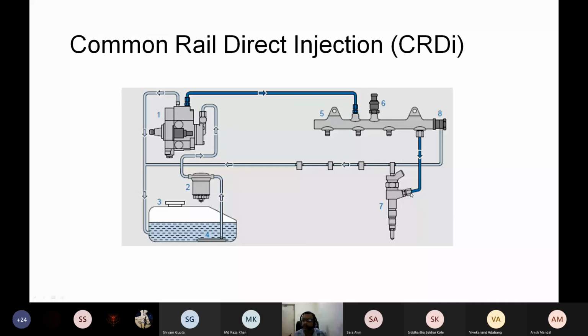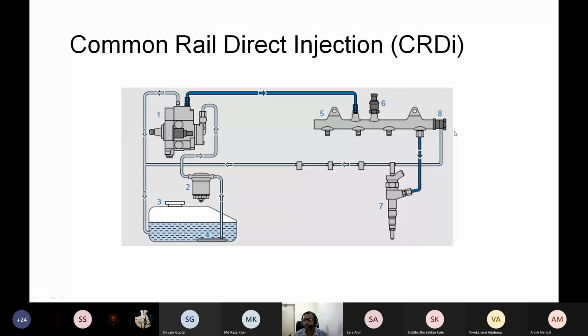Then the ECU will control this valve. It is a kind of solenoid based valve, and its opening area depends upon the actuation signals.